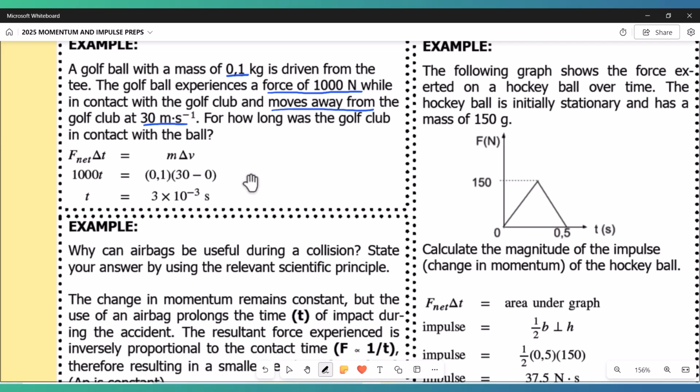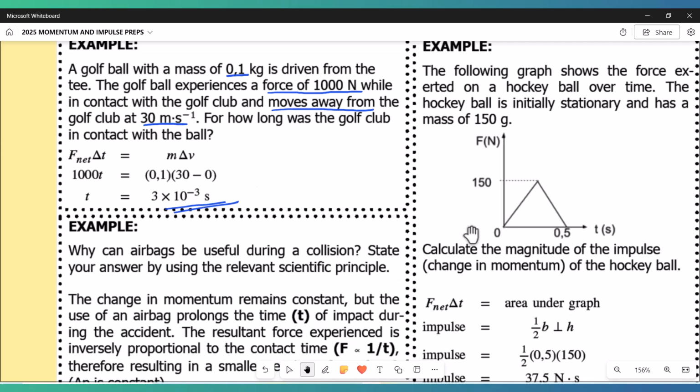We substitute the force as 1,000, the mass is 0.1 kg, and the final velocity is 30 minus 0. Then t is 3 times 10 to the power negative 3 seconds. Hope we are together.